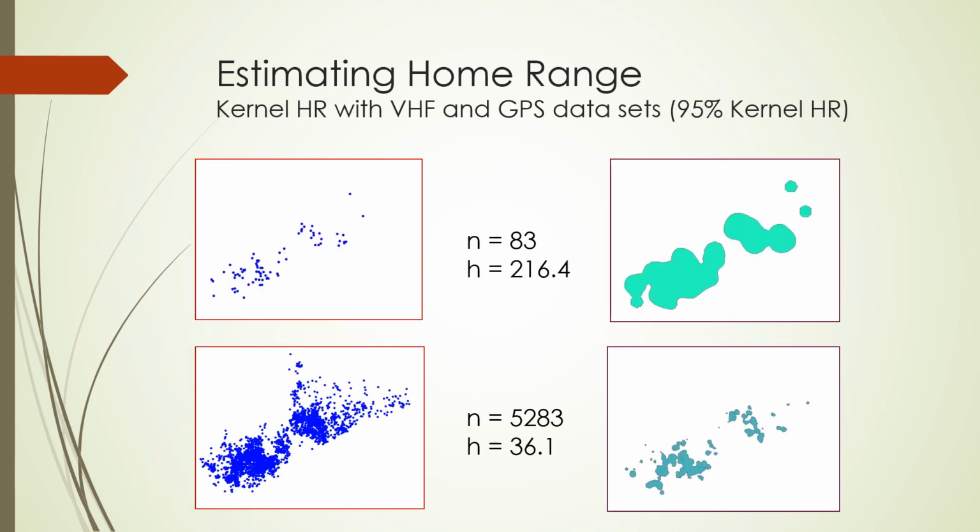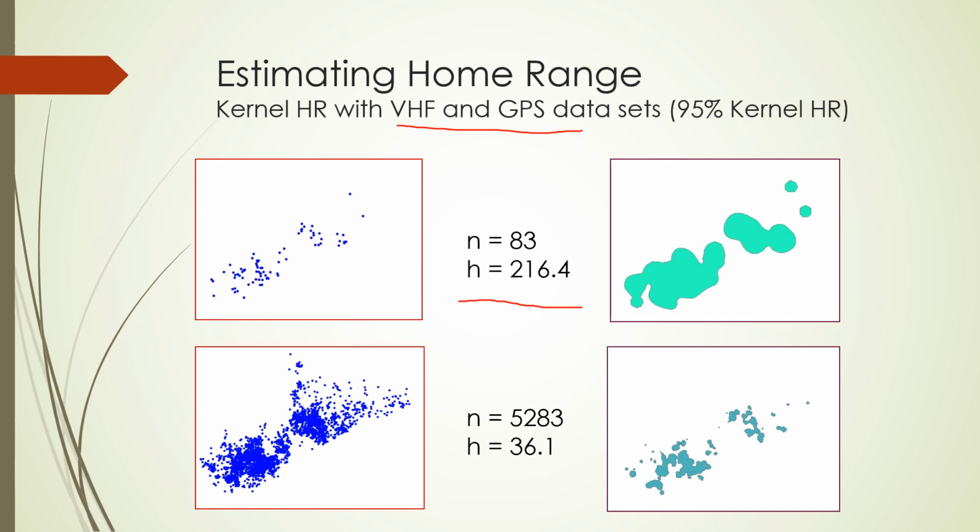So here's a typical example of the kernel estimator using VHF versus GPS data sets. And this is the 95% kernel estimator, so it's where 95% of the activity is focused. And this one uses 83 points. These are data from black bears that were collected by a grad student here at CSU, and he actually had a GPS transmitter on this bear, so he was able to collect 5,000 plus points.